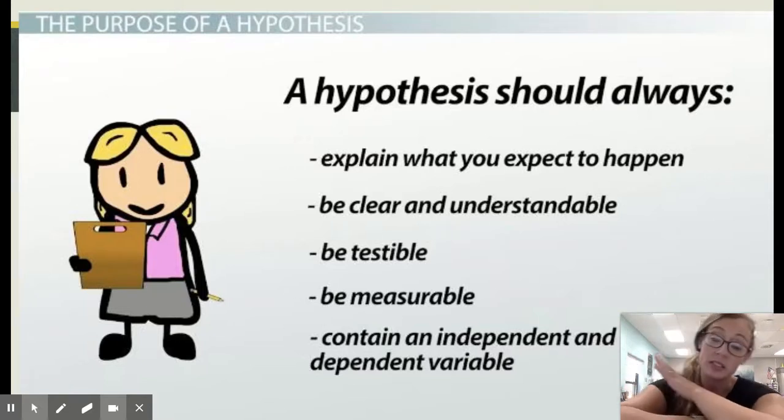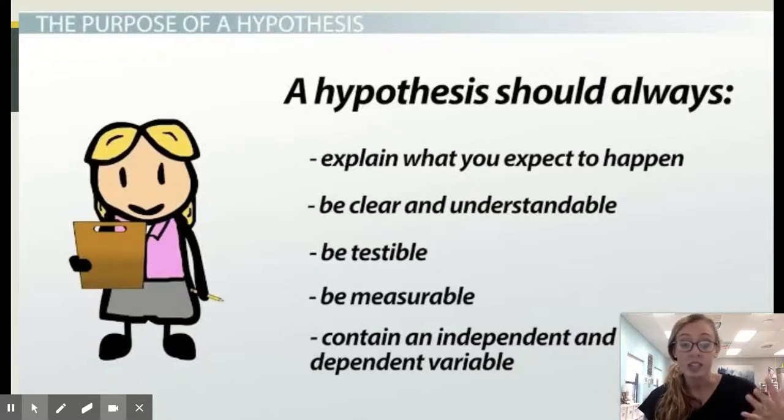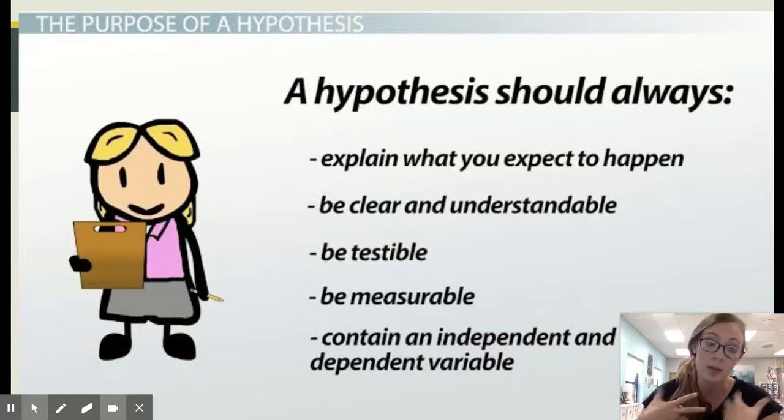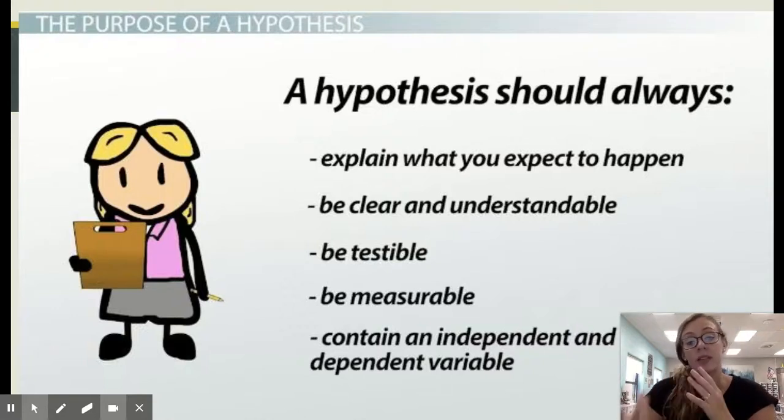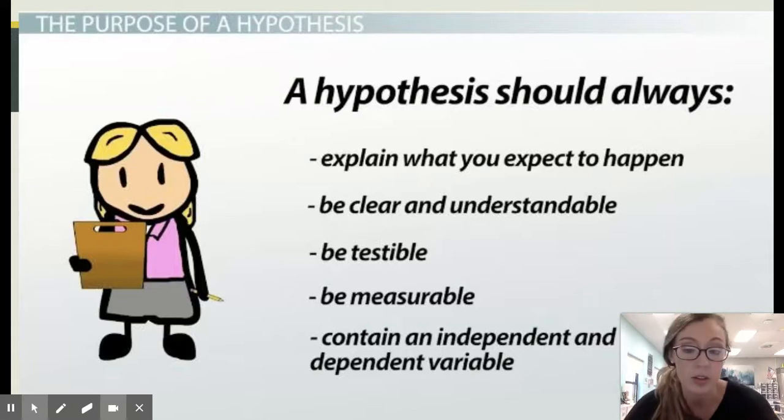Because we all have different types of feet. And some things are just more comfortable to me than they might be to Mr. Foy. So that is testable to an extent, but not fully testable. There is some opinion base in there.